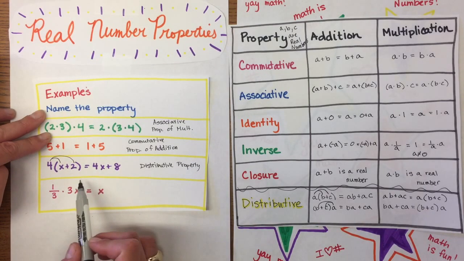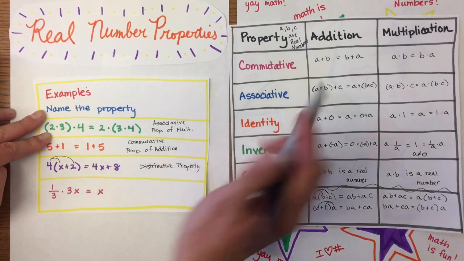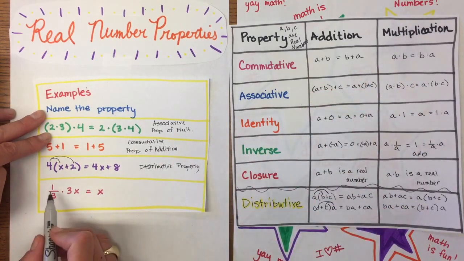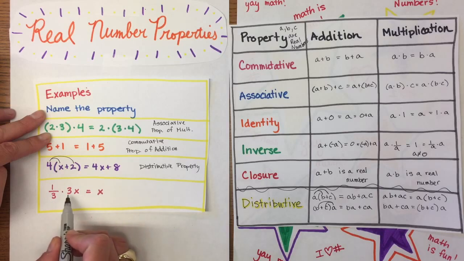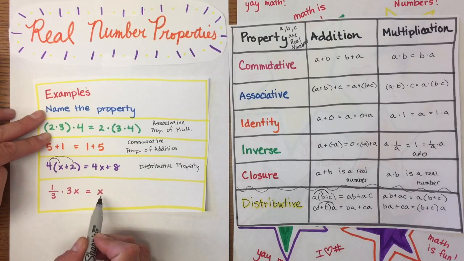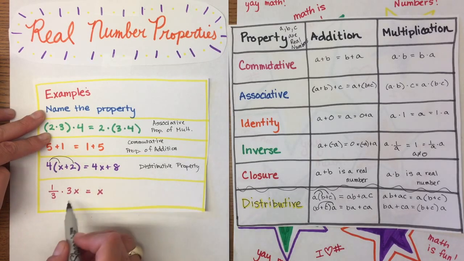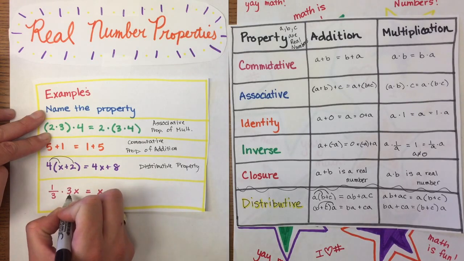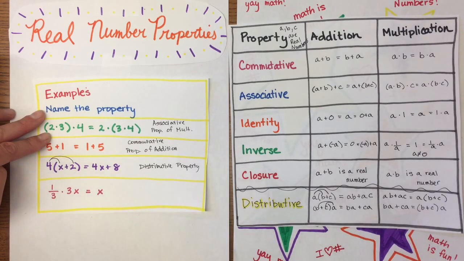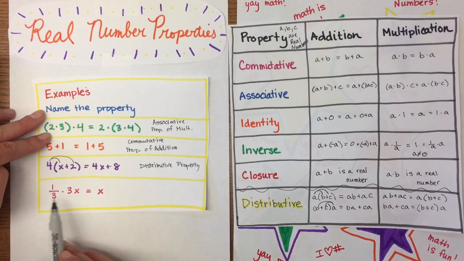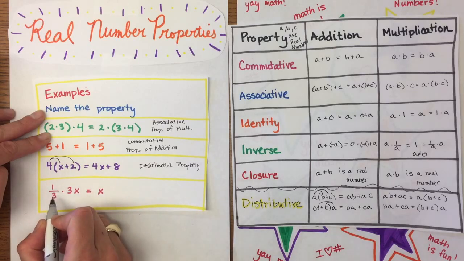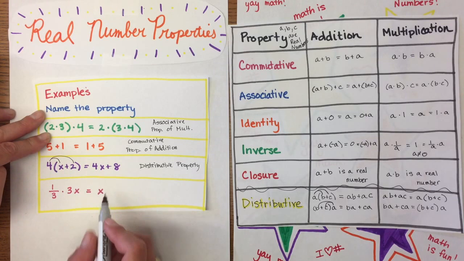For this next case, I have multiplication, so we're looking at the multiplication column. But I have 1/3 times 3x is equal to x. So I've got multiplication, and what happened is this 3 went away. 3 was multiplied by what was necessary to get rid of 3. 3 was multiplied by 1/3. 1/3 is called the multiplicative inverse of 3.